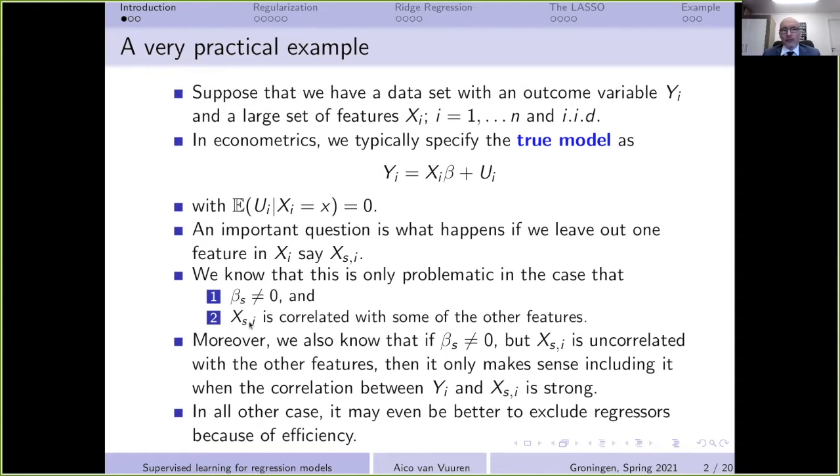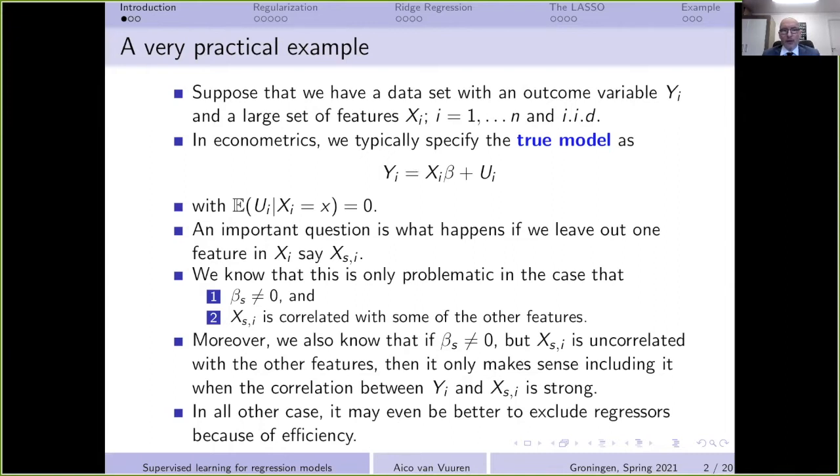But there is a less trivial one as well. And that is that apart from this restriction that beta S must be unequal to 0, in addition to that, it should also be the case that the XS should be correlated with some of the other features that we still have in this XI. That's very important to realize.